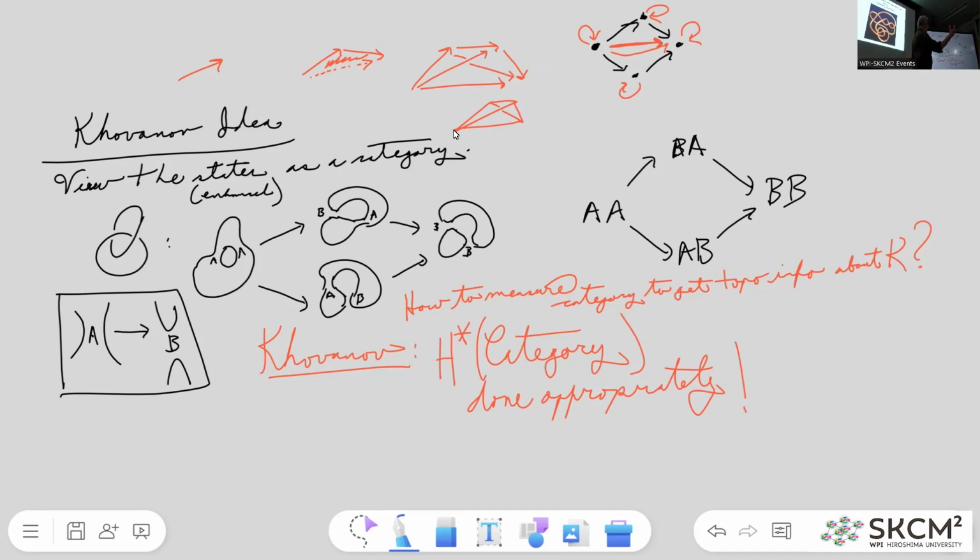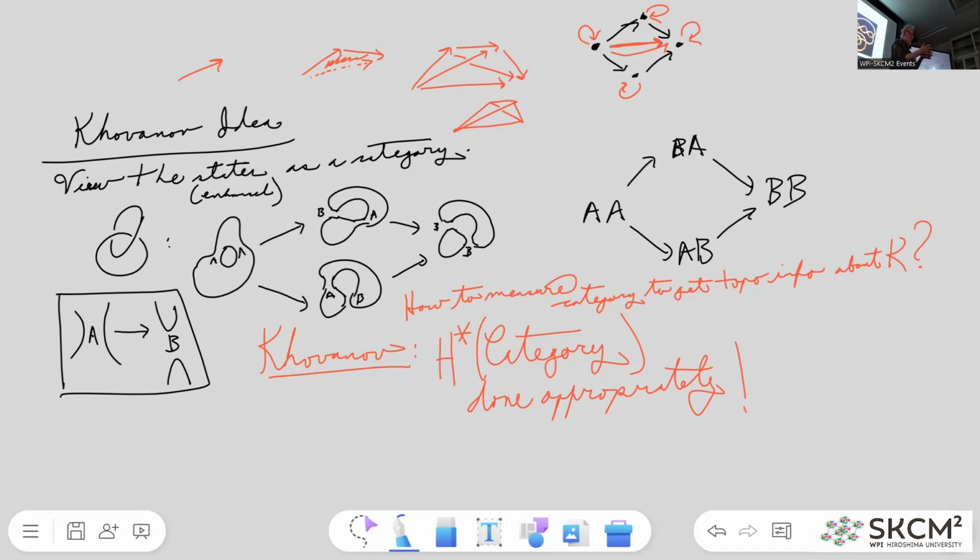And if you had four arrows in sequence, then they give you a four-dimensional simplex. The category gives you, for every composite of arrows, a simplex of that dimension. So if you think about the compositionality that the category is talking about, then it's a big space.